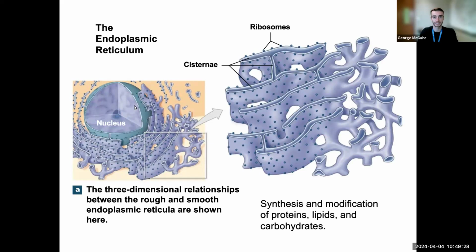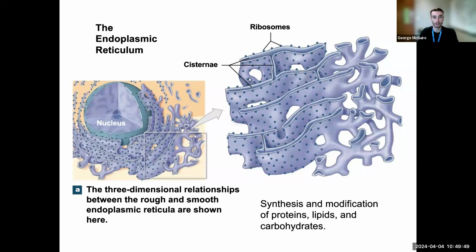Our endoplasmic reticulum is, in most eukaryotic cells, going to be directly connected to the nuclear envelope of our nucleus, so the membrane of the nucleus. So you would find the endoplasmic reticulum close to the nucleus. We're going to see some exceptions to this. There's smooth ER that is free-floating in a lot of our cells.